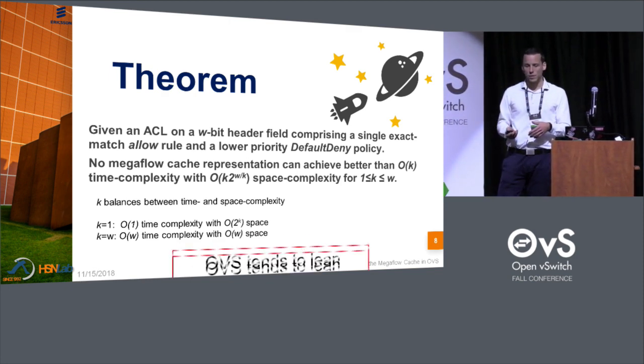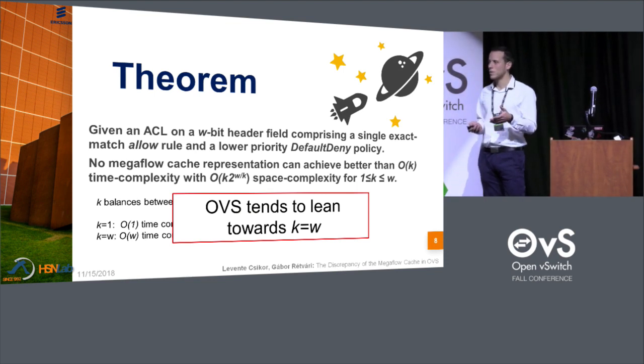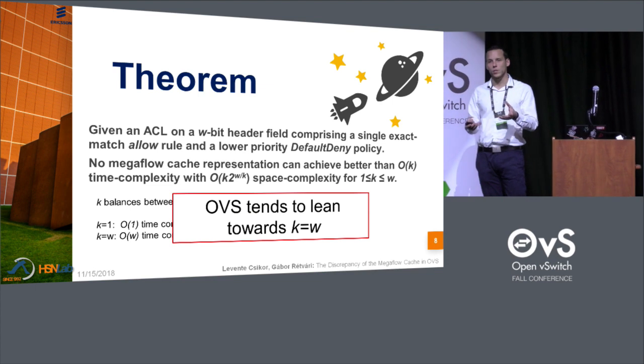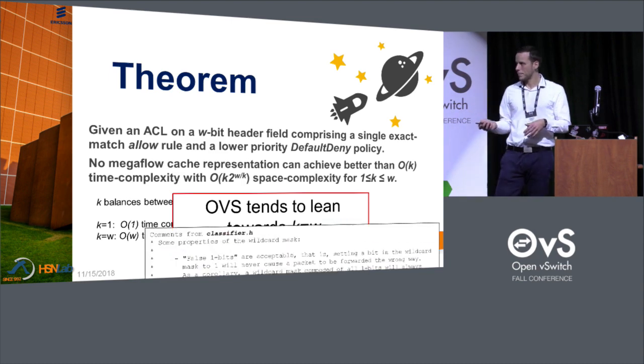And it turned out that OVS tends to lean towards k equals w, which means it tries to reduce the memory footprint, having fewer entries in the Megaflow cache instead of being so fast.